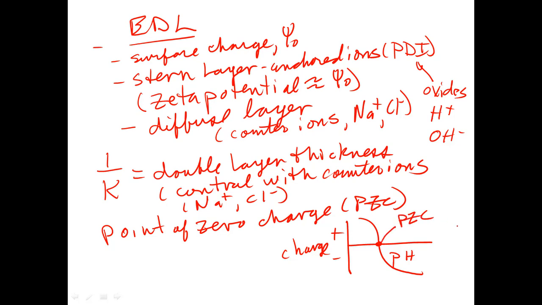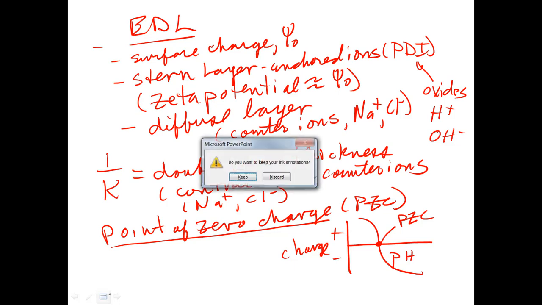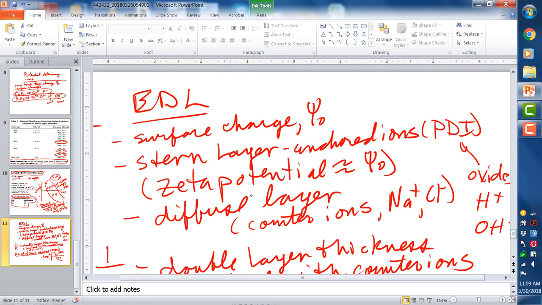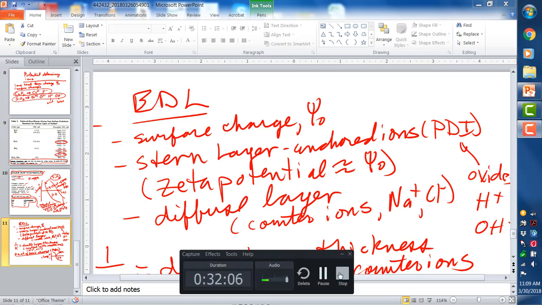So we can add acid or base to get at that point of zero charge. So that's the main features of the electrical double layer, the components, as well as how we can control the electrical double layer.